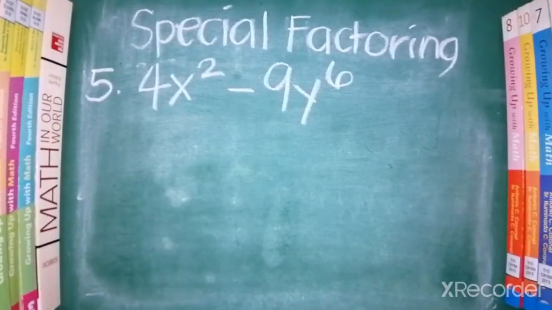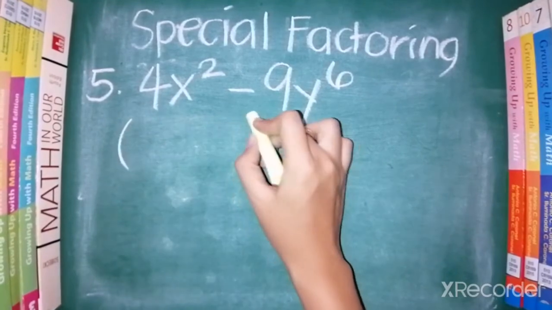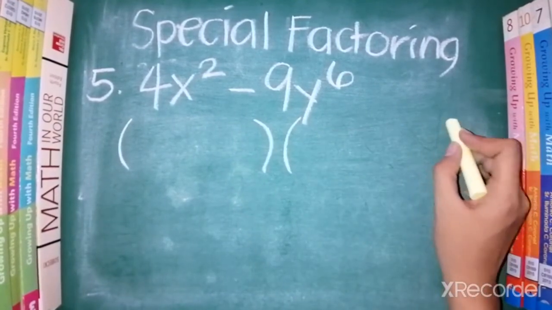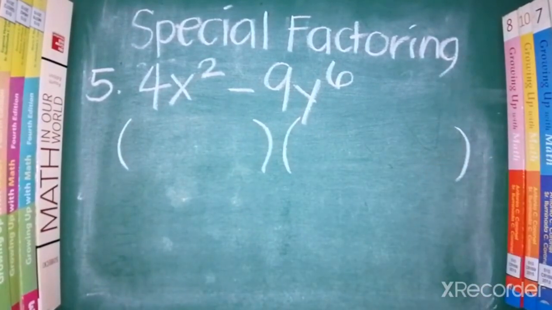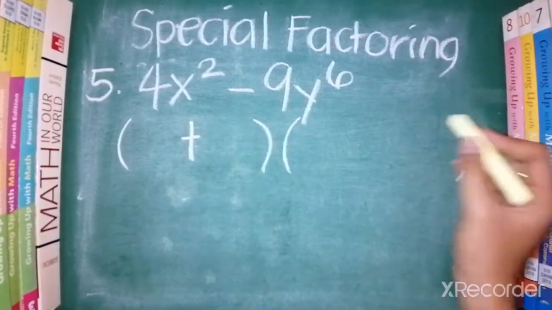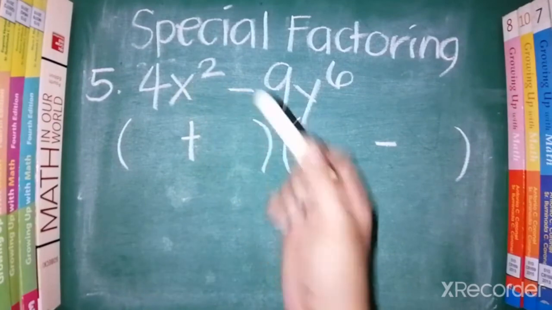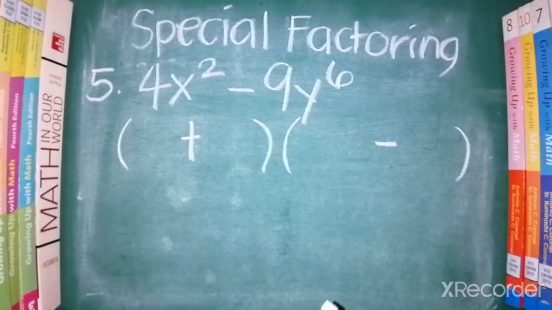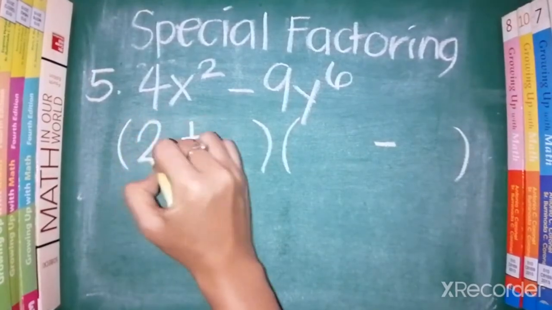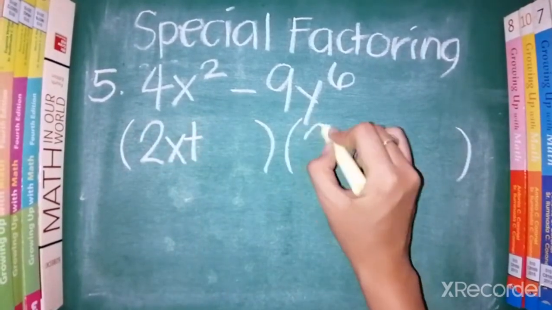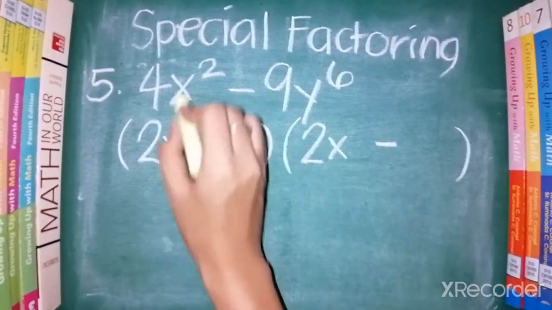Example number 5. We have here the difference of two squares. So remember, in the difference of two squares, you're also going to use the two parentheses. But this time, you will always put positive or plus and then minus in each. So you're just going to take the square root of this one. 4x², the square root of 4x², that is 2x. So you're going to put 2x, and then here is 2x also, because 2x times 2x is 4x².